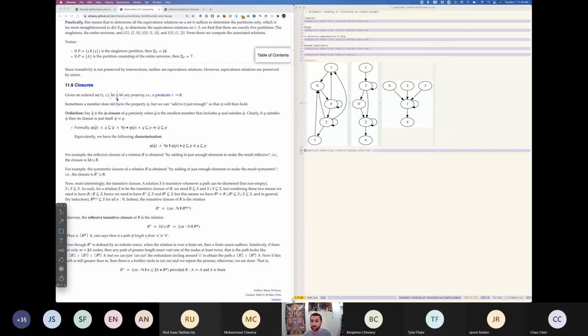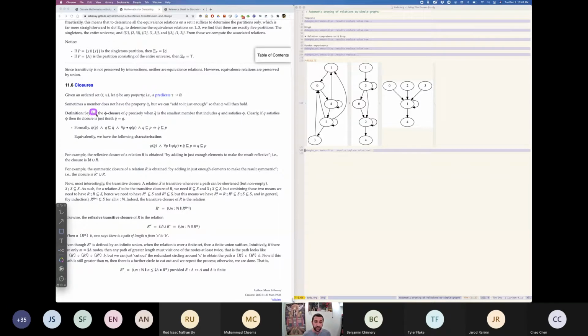And phi is a property. Sometimes I have things that don't have the property phi. Can I find something a bit bigger, something that contains my element but satisfies it? If you can, that's called the Phi closure.